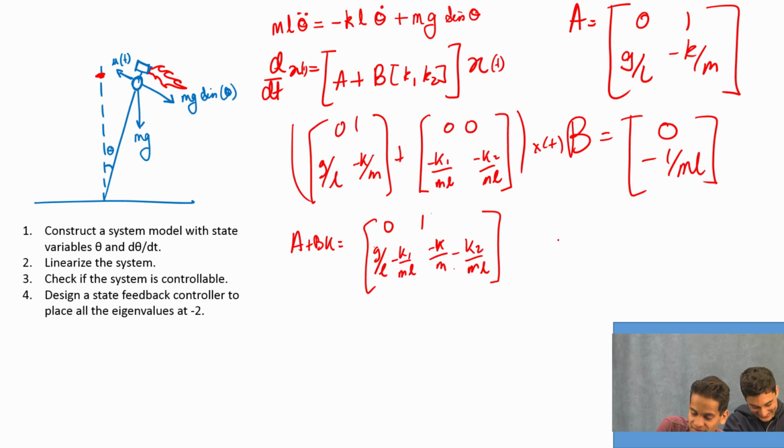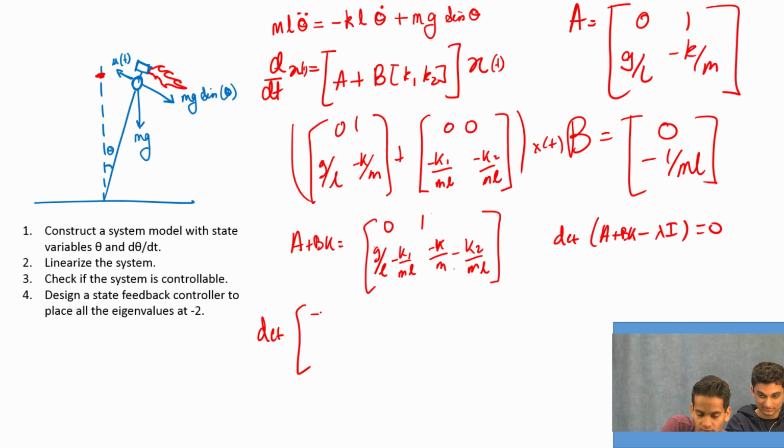We're looking at the determinant of A plus BK minus lambda I, and we're setting that equal to 0. So it's the determinant of minus lambda, 1, G over L minus K1 over ML, minus K over M minus K2 over ML, minus lambda.